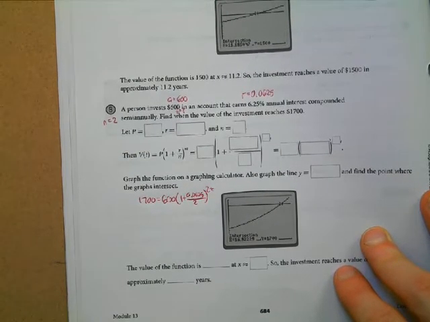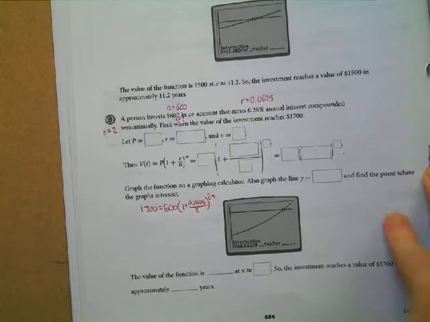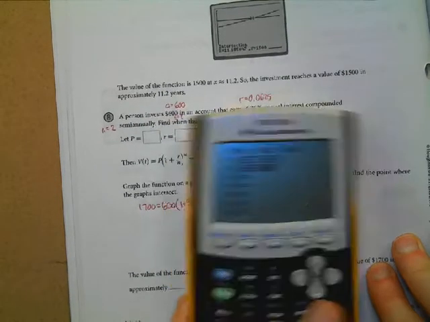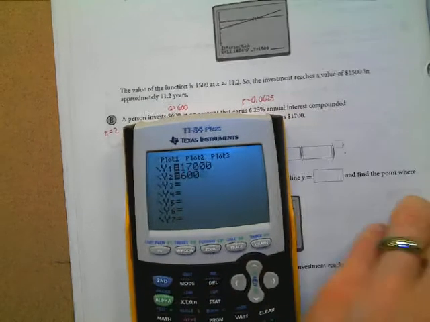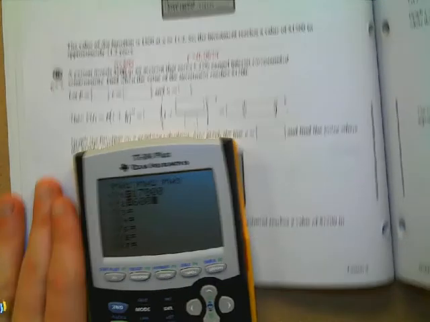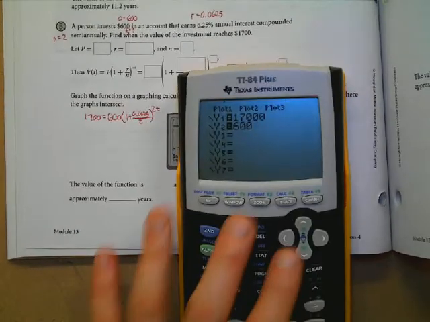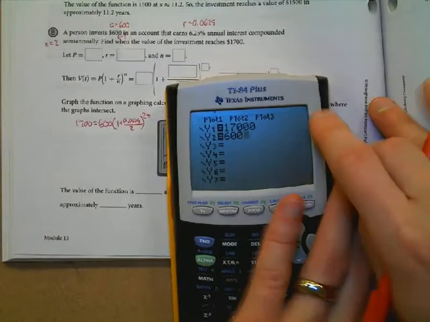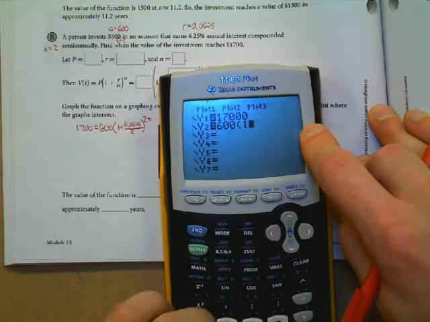So I got to have 600 times 1 plus, and again, 0.0625. So I'm going to put that in parentheses. 0.0625 divided by 2. So I close the parenthesis for that one, but I got to close the parenthesis again. To the parentheses 2t, or 2x in this case, right? So there it is. If we graph this, I think I have a 17,000.